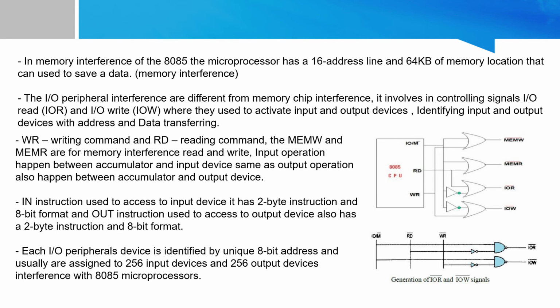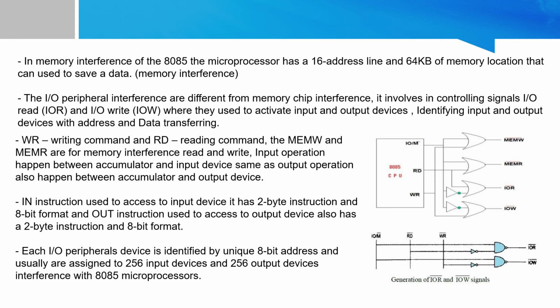Input operation happens between the accumulator and the input device, and the same as output operation also happens between the accumulator and the output device. The IN instruction used to access the input device is a 2-byte instruction with an 8-bit address format, and the OUT instruction used to access the output device also has a 2-byte instruction and 8-bit format.